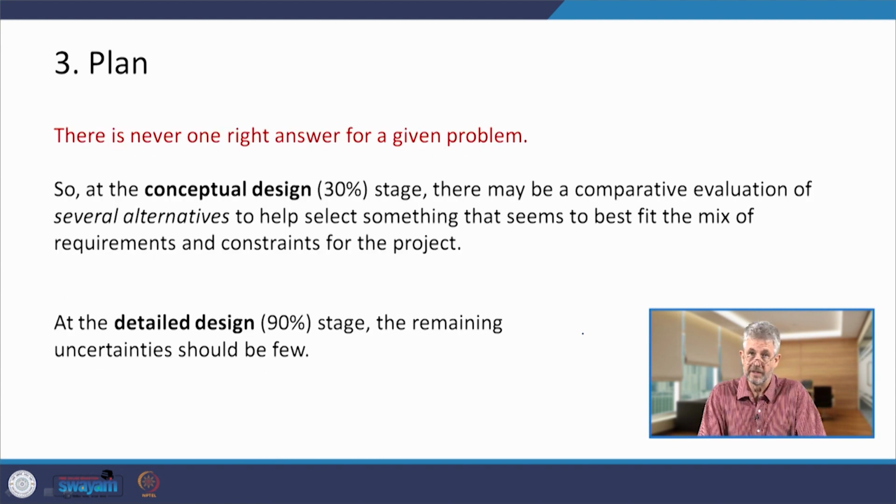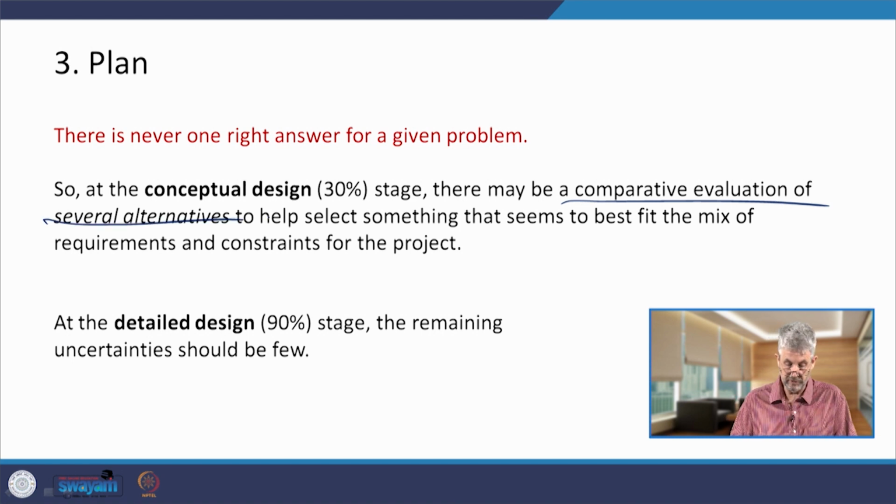Also, very important, there's never one right way to answer a given problem. So at the conceptual stage, or the 30% design stage, there still may be several alternatives on the table, and we are still in the process of selecting which one of these designs may be correct for us, and maybe it's a mix of designs that need to be considered for the project.